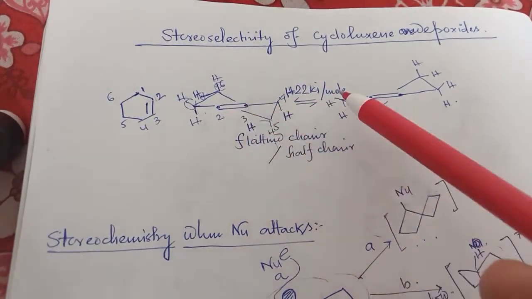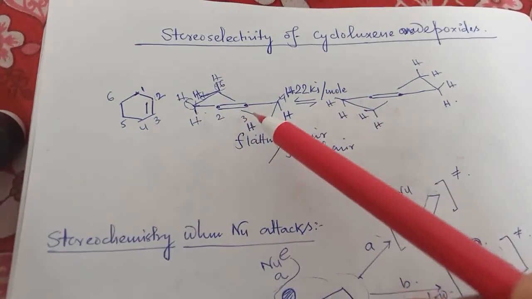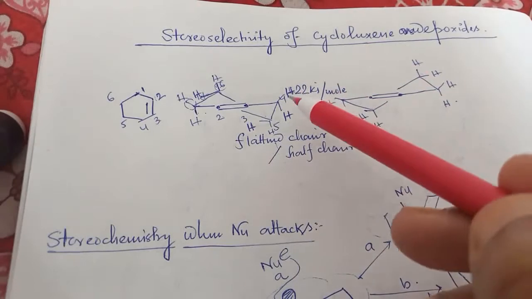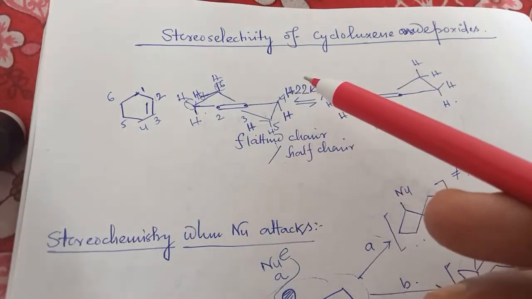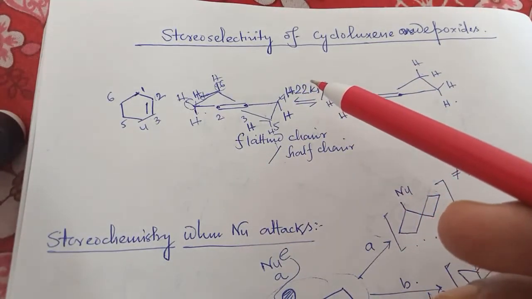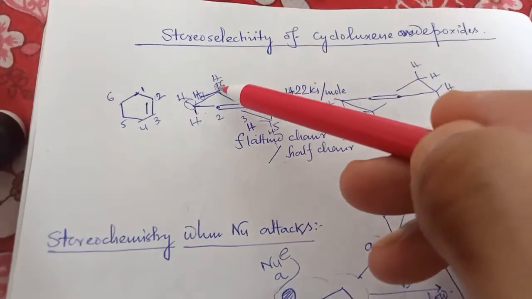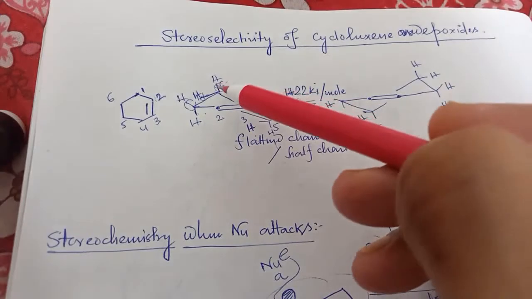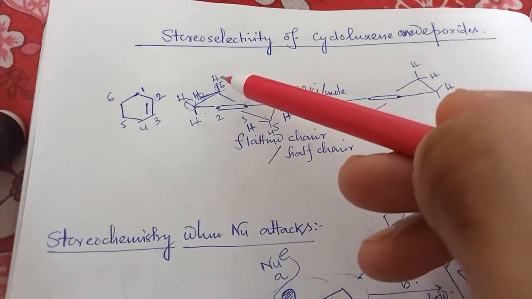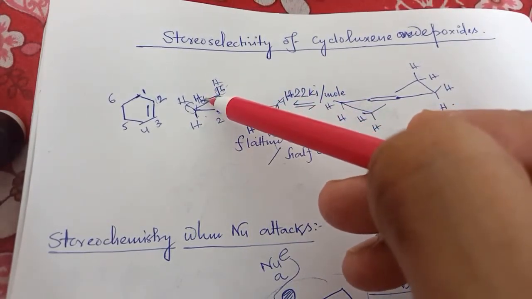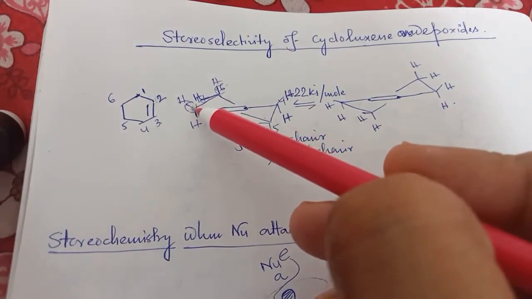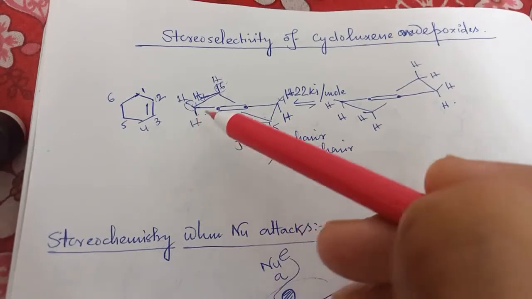So these are easily interconvertible, and this structure is called flattened chair or half chair. The hydrogens are not exactly axial. This is pseudo-axial, and this is pseudo-equatorial. And similarly, this is also pseudo-equatorial, and this is pseudo-axial.